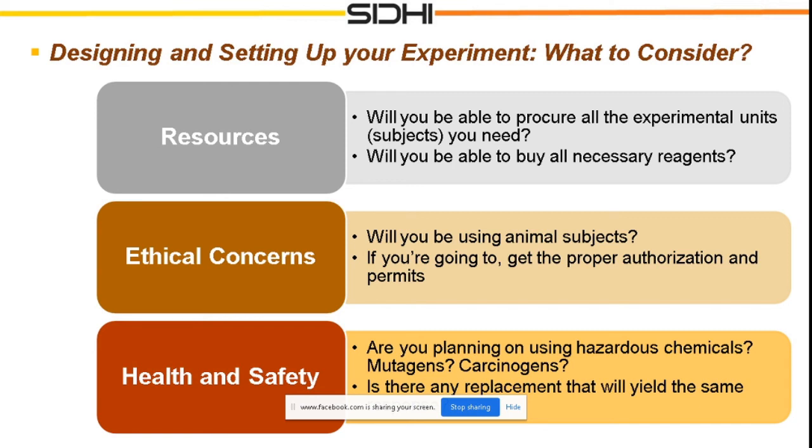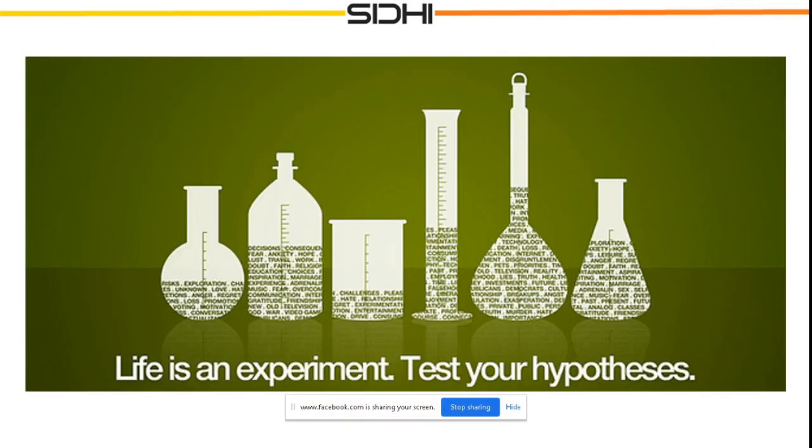Okay, and so just a take-home message. When you consider, the most important thing is that you have to know the objective and you have to know why you're doing this. Okay, because again, your experimental design should answer your objective.